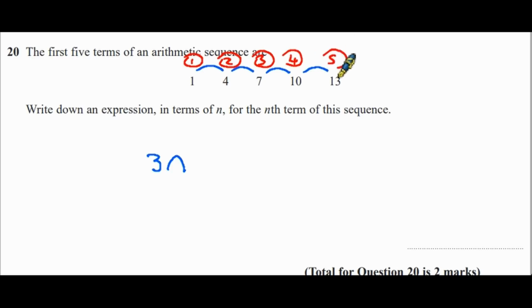The job that we have to do is decide what number would be the 0 term. In other words, we have to take the sequence 1 step back from the beginning. If we do that, it means we have to take 3 away and we end up at minus 2, and that forms the second part of the expression, 3n minus 2.